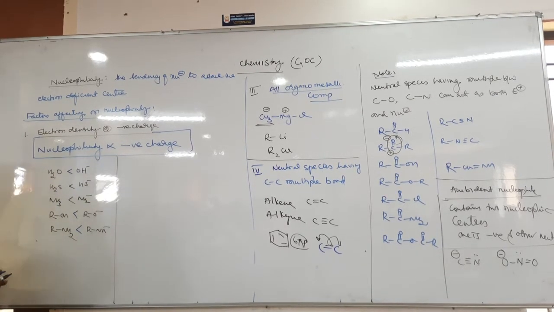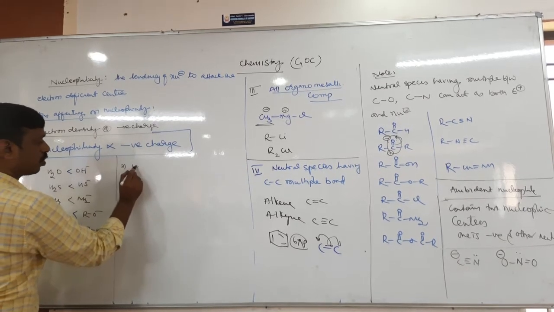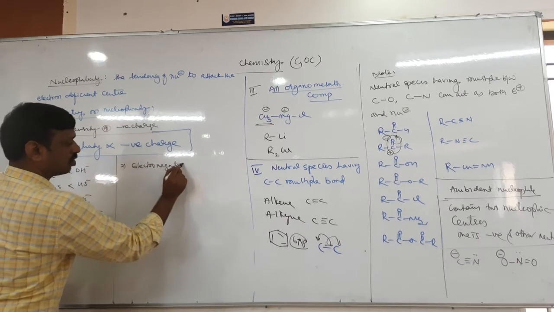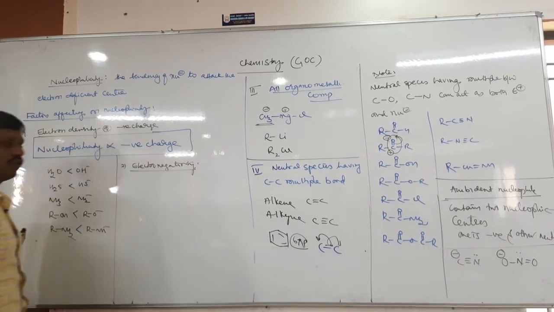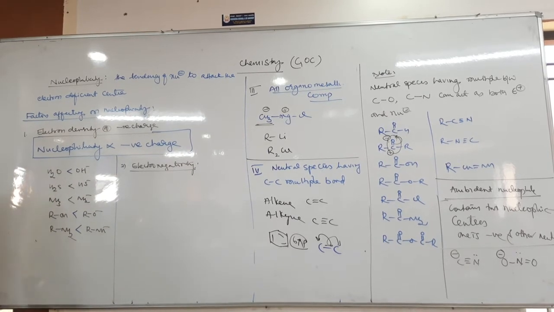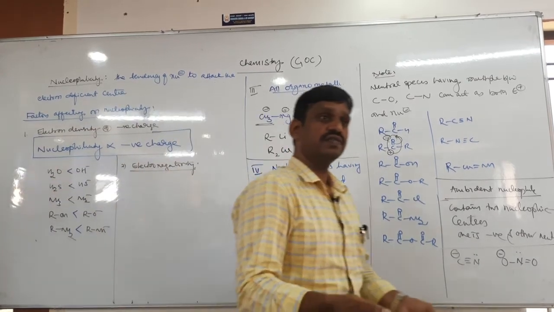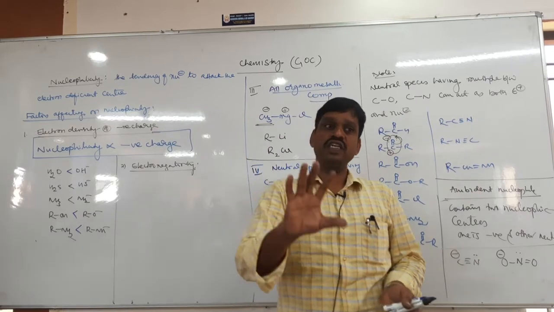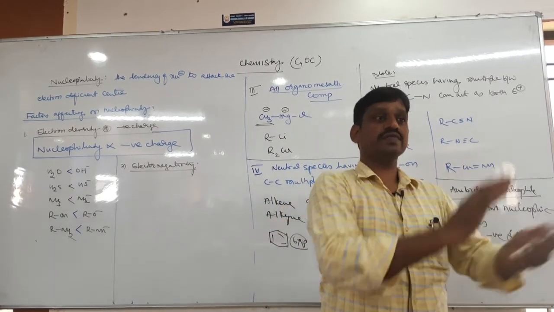The second factor is electronegativity. Based on this, a question was given in JEE. Tell me, what is the relation between electronegativity and nucleophilicity? Nucleophilicity is a measure of the nucleophile's ability to attack and donate.